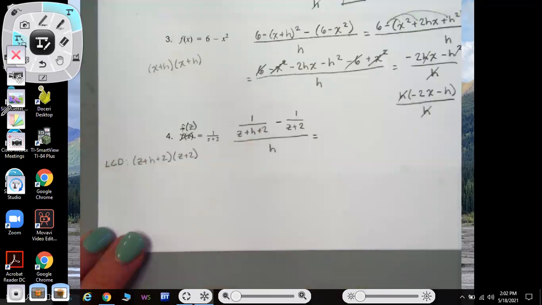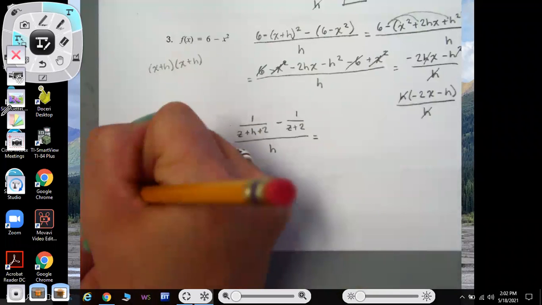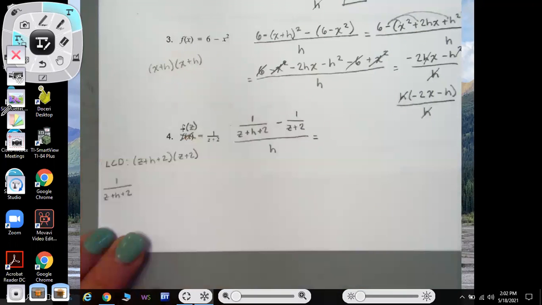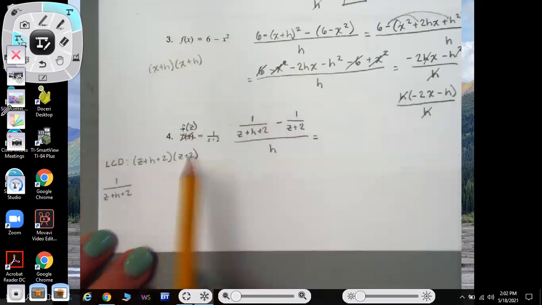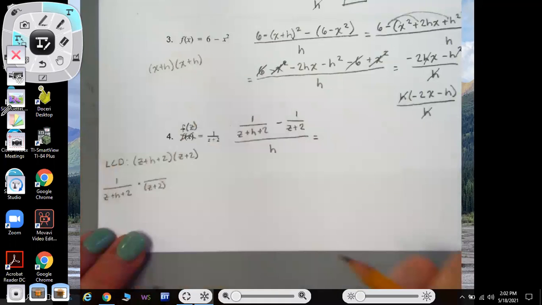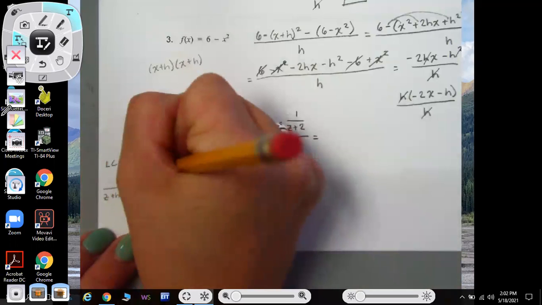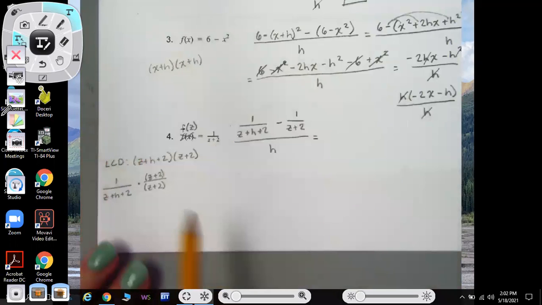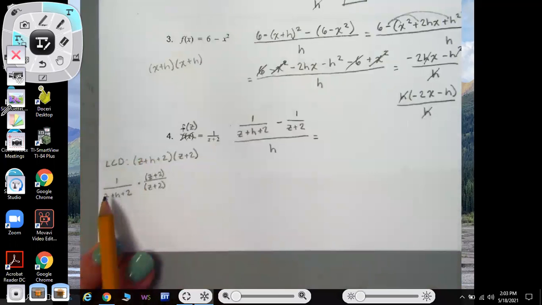For example, the first fraction, 1 over z plus h plus 2, in order to make this denominator look like this, we need to multiply by z plus 2. And if we multiply by z plus 2 in the denominator, we also have to multiply by that in the numerator. So really, we're just multiplying this fraction by 1, because anything over itself equals 1. So we're not actually changing the value of this fraction.